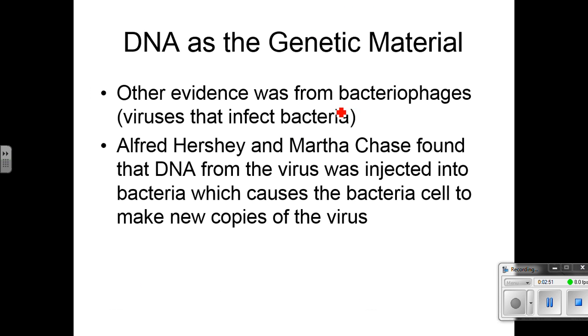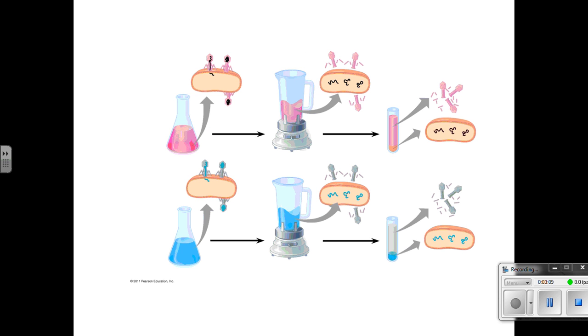The other evidence came from bacteriophages, which are viruses that specifically infect bacteria. Hershey and Chase found that DNA from the virus was injected into bacteria, which caused the bacteria cells to make new copies of the virus. They did a little experiment, and this is actually explained a little bit better in your book. The color here is radioactive. They identified the protein around the virus, and they labeled it with something radioactive.